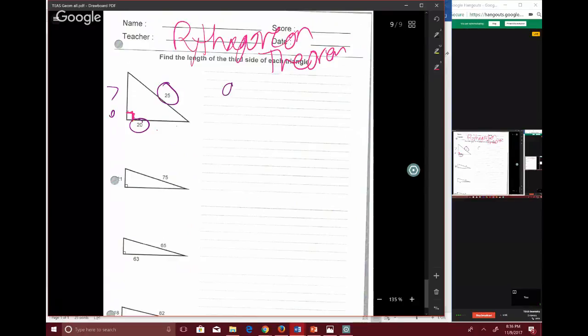The equation that applies to any right triangle says a squared plus b squared equals c squared. And a squared is going to be a side squared, and then c squared is the hypotenuse squared.